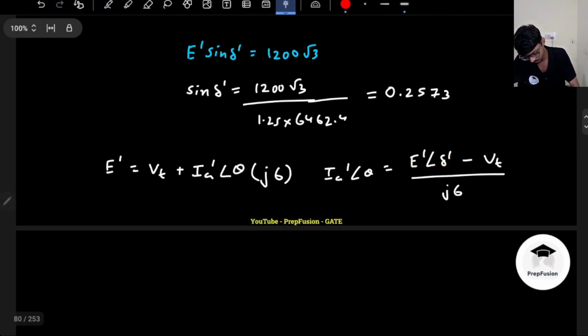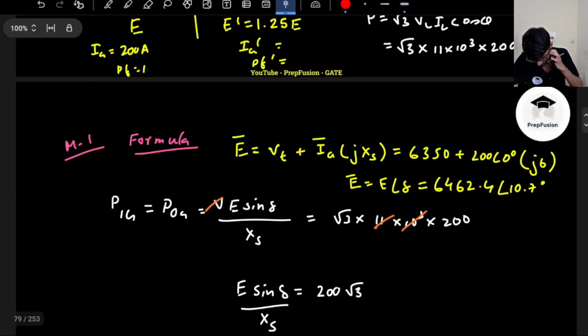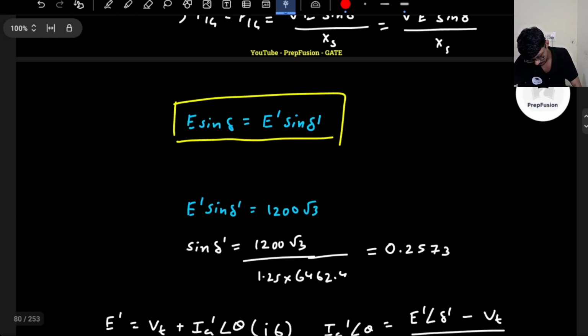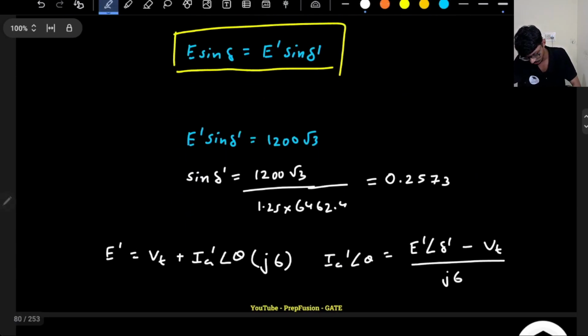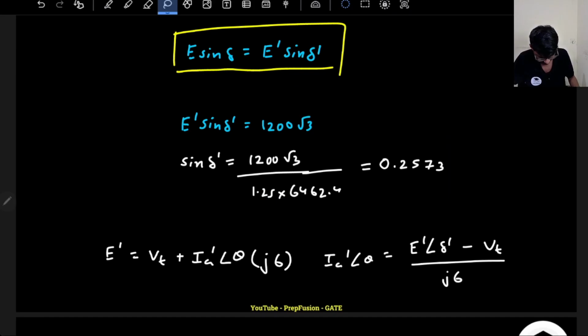E dash is 1.25 times the previous E. I need the delta dash, so 0.2573 sine inverse, this will be about 15 degrees.